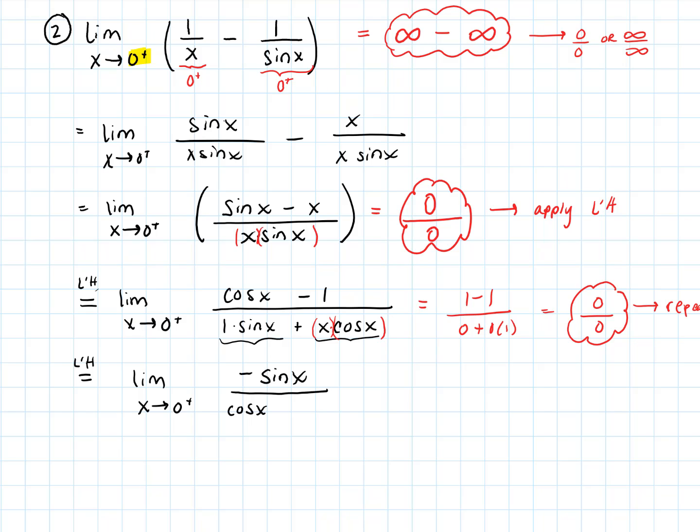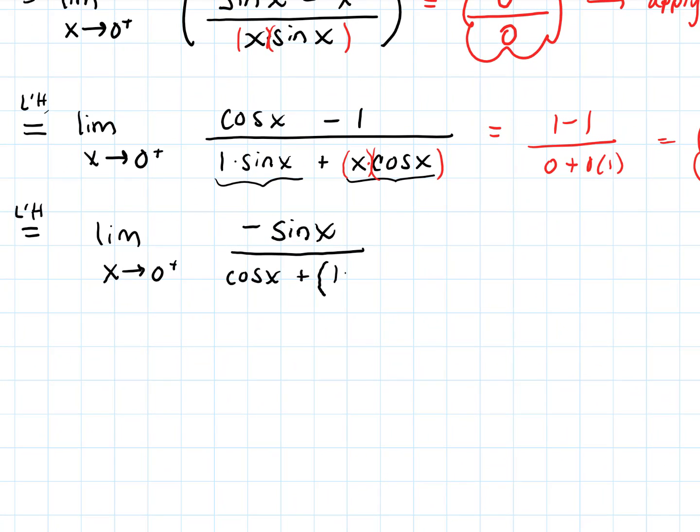So when I apply the product rule here, this is going to be 1 times cosine of x plus x times negative sine of x. Okay, so applying product rule there, take the derivative of x, we get 1 times cosine of x plus the derivative of cosine of x, negative sine of x times x.